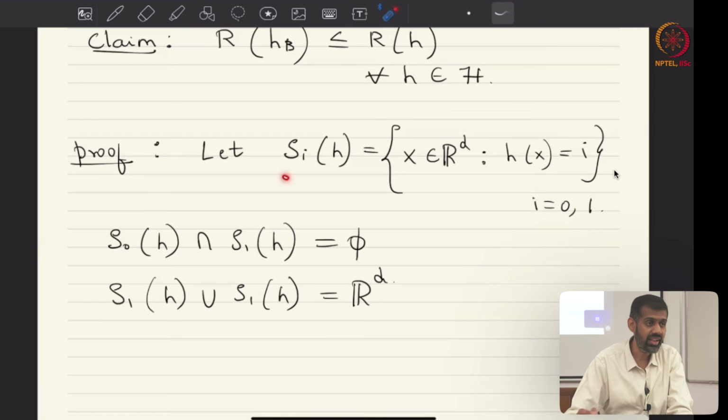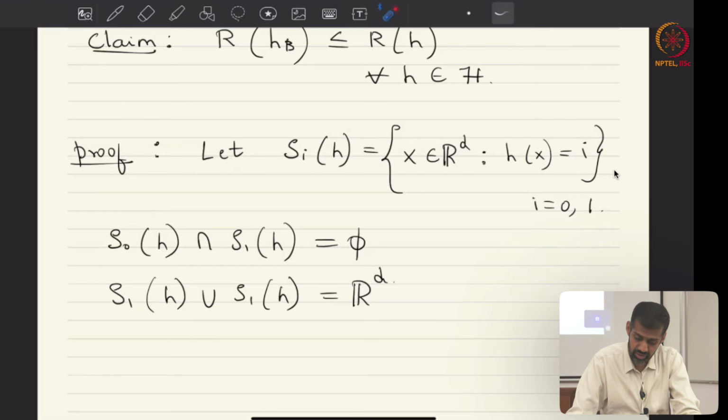So what is this set, by the way? This set is the set of all data points in R^d that get labeled as class 1 under the classifier h. So you take a classifier and see what all points in R^d are being classified as class 1, that is S_1 of h. You take all points that are being classified as class 0 under this classifier h, that are S_0 of h.